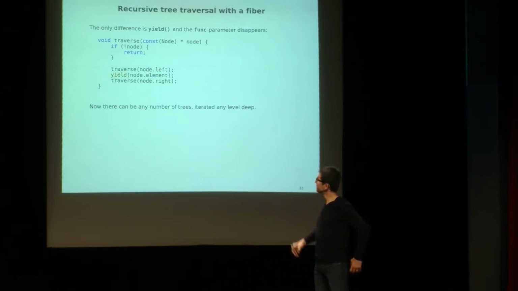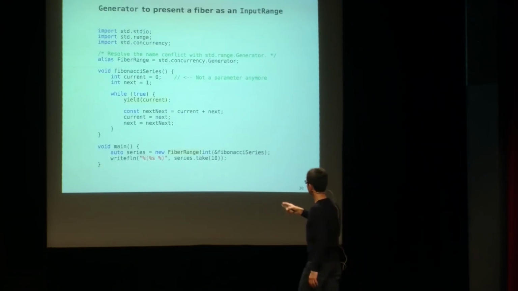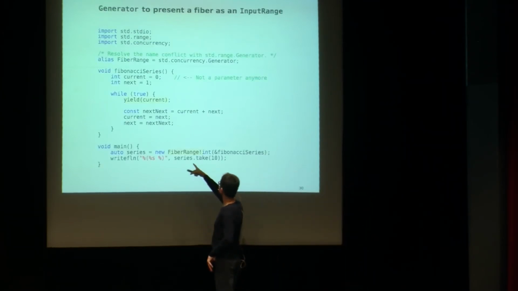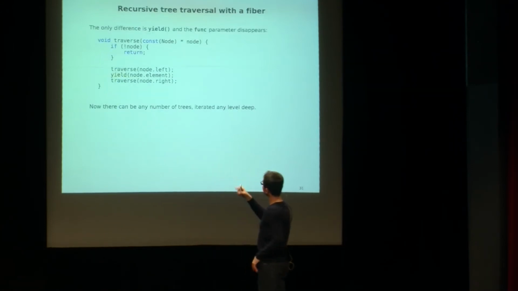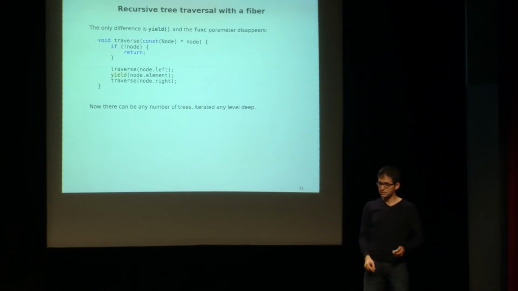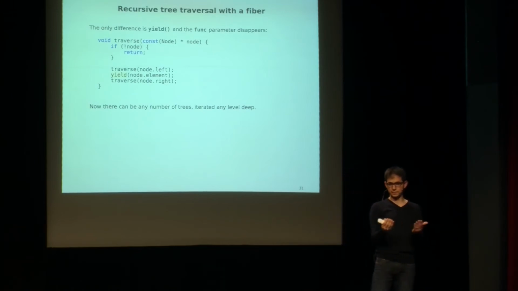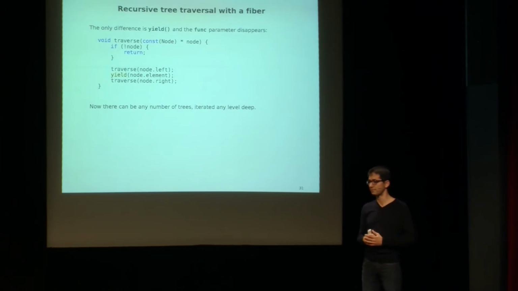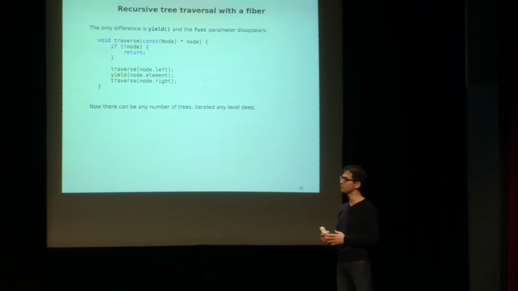So I can create any number of fibers, hopefully using this fiber range API. And I can have many of these, n number of those, and I can traverse these trees at will. I can say, you go to the next one, you go to the next one, and then I can compare the elements. If they are different, they don't have the same fringe. If they are the same, I continue until I hit the end, or they differ.